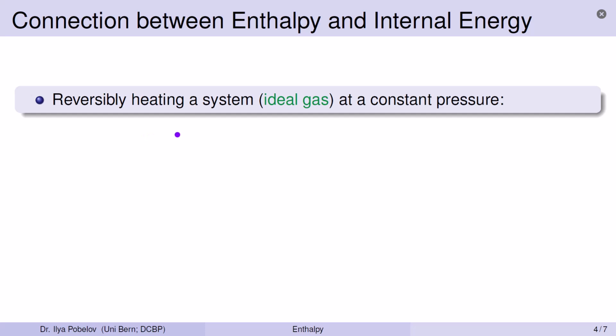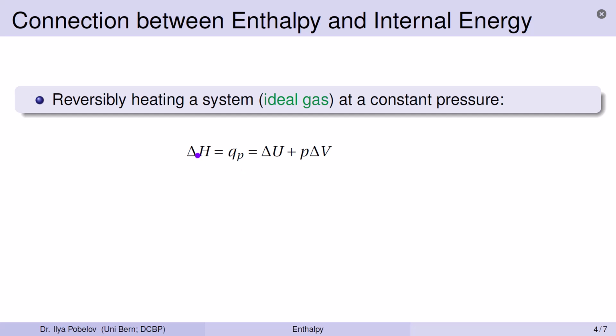When we heat a system reversibly at a constant pressure, the change in enthalpy, delta H, is equal to the added heat, Q_P. Using the first law of thermodynamics, or the definition of enthalpy, this can be broken down further.